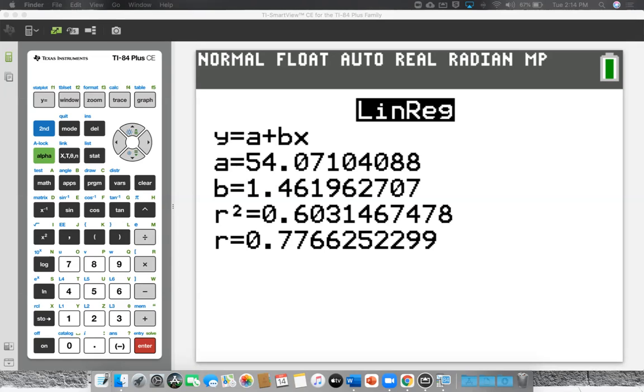If you want to put moderate to strong, that's okay, but I would include moderate. Moderate is what I would look for. But if you want to put moderate to strong, you're not lying, because it is close to strong. Okay, so moderate, positive, since the number is positive, linear relationship.